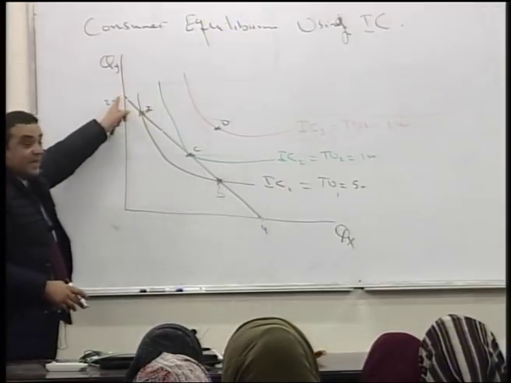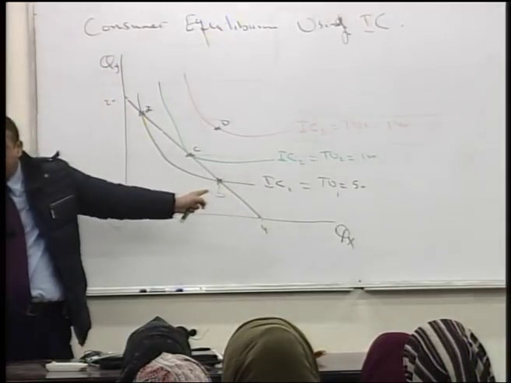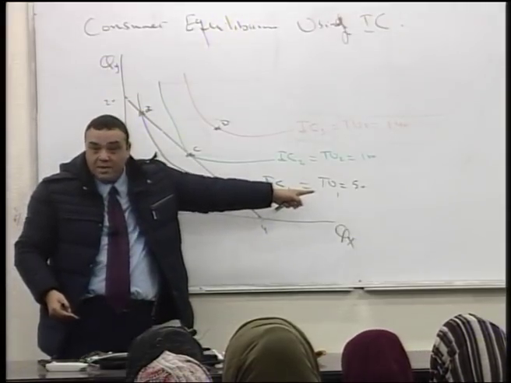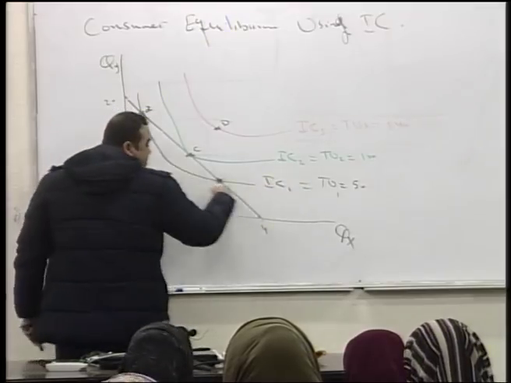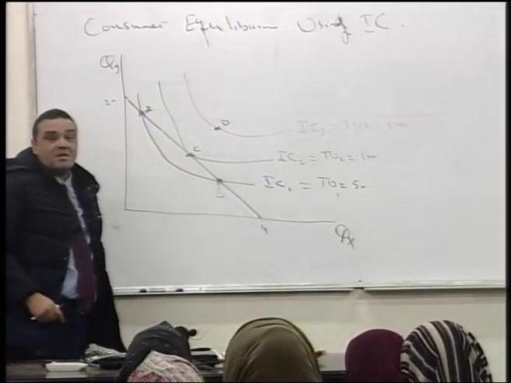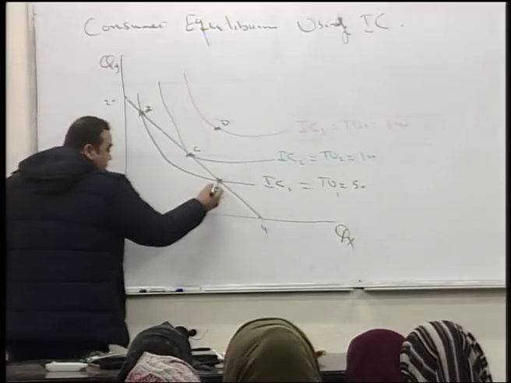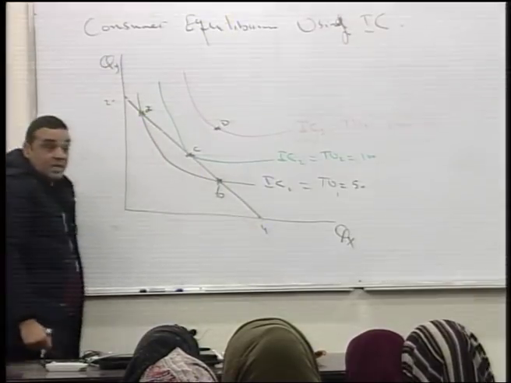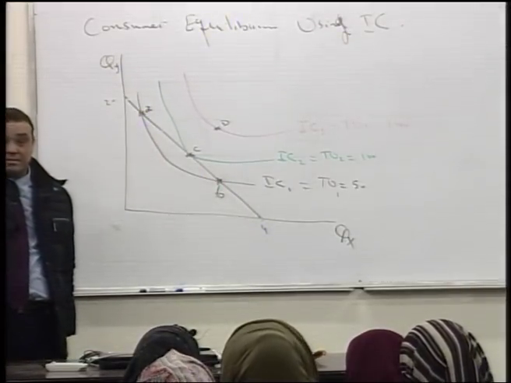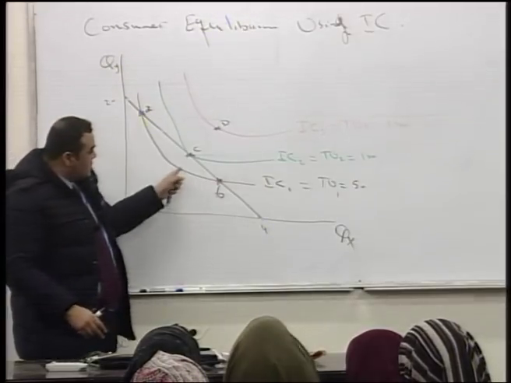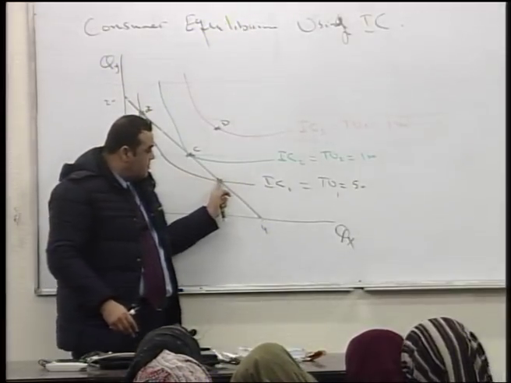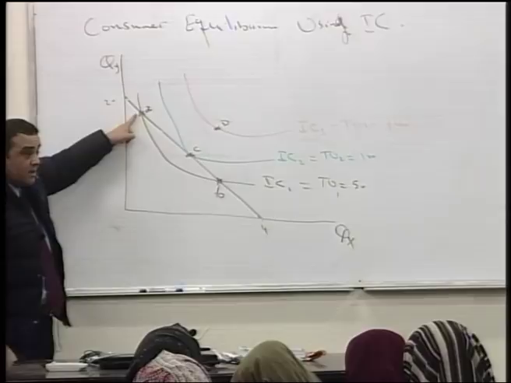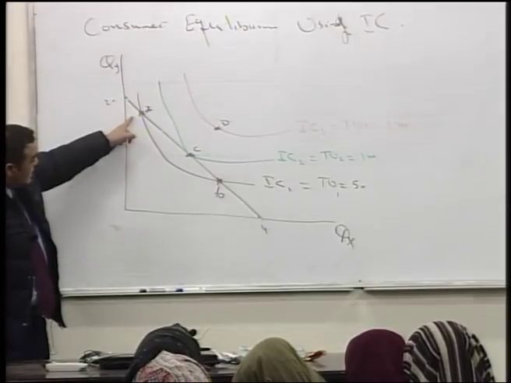At A, he spends $200 to get utility of 50, because this point lies on the indifference curve that gives him 50 utils. At B here, how much is the spending? Also $200. How much is the total utility obtained? 50. So for the consumer, point A equals point B.